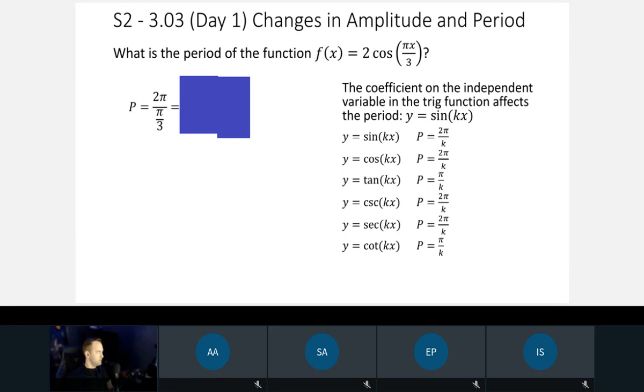So your k value is what's in front of your x. So remember, it's amplitude times your trig, k times x, and then plus your, what variable is that? I think it's plus c.